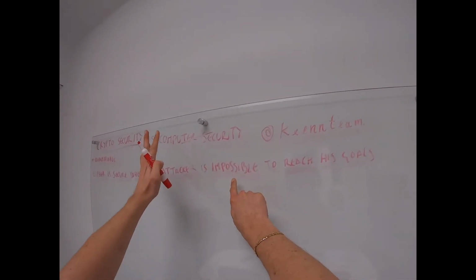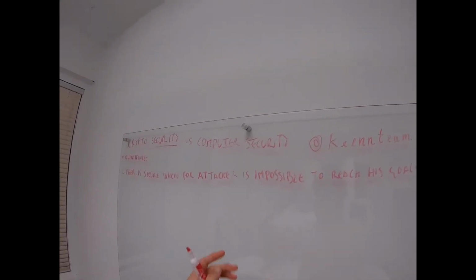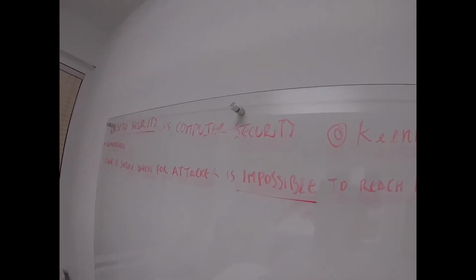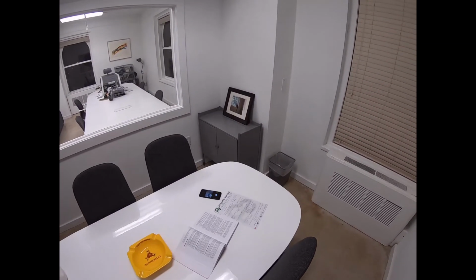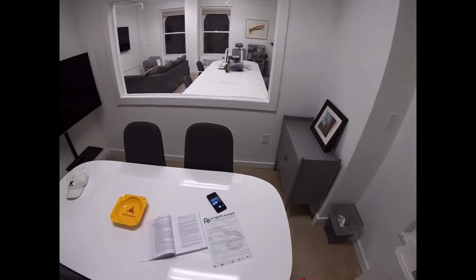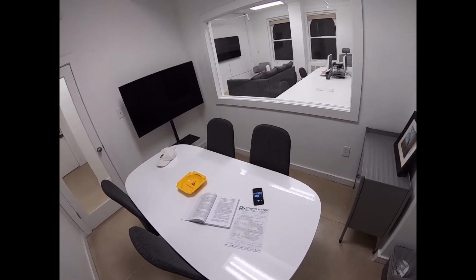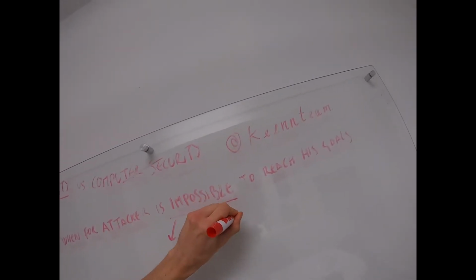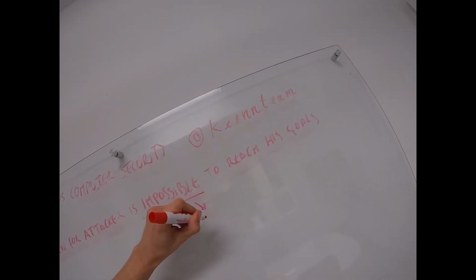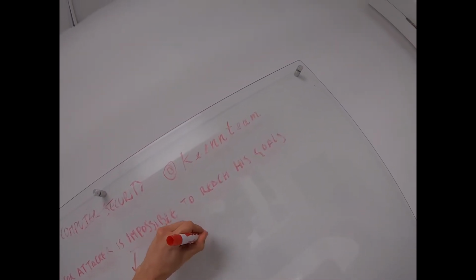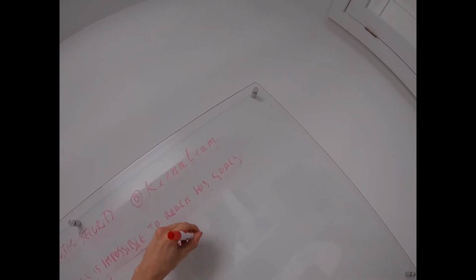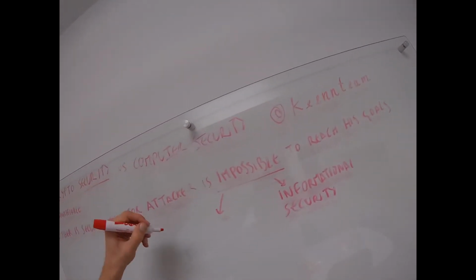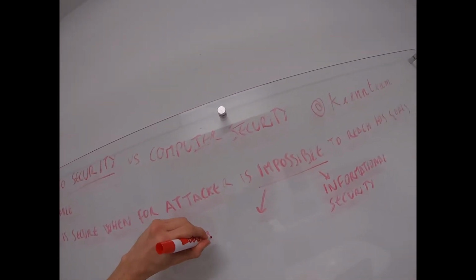We've defined what attackers can do and what they cannot do, but what does it mean for it to be impossible for them to break the cipher? There are two definitions or notions of impossible. Impossible can be defined under the lens of informational security, or computational security.